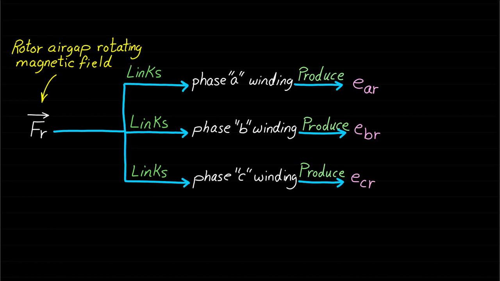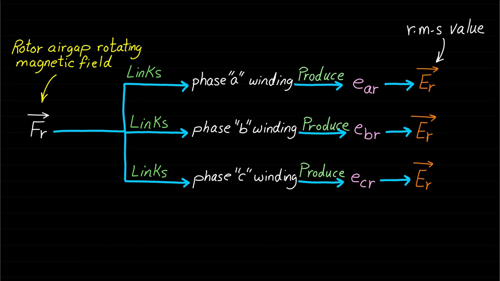These induced EMF voltages EAR, EBR, and ECR generated by the rotor rotating magnetic field Fr represent the main voltage component of the machine and can be represented by ER, where ER represents the RMS value of any of the three-phase voltages.